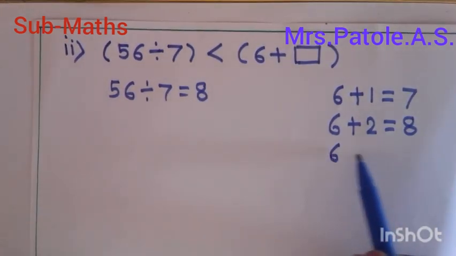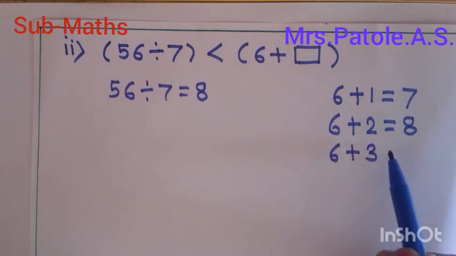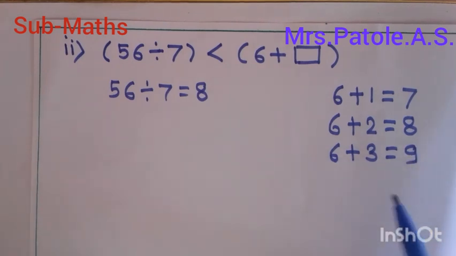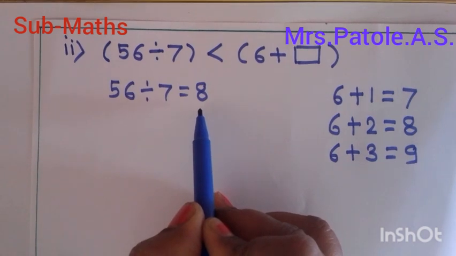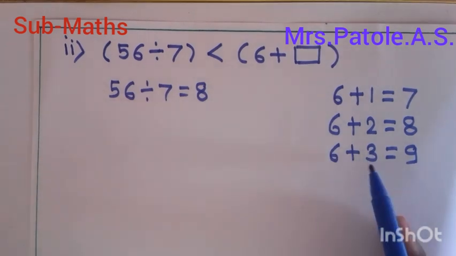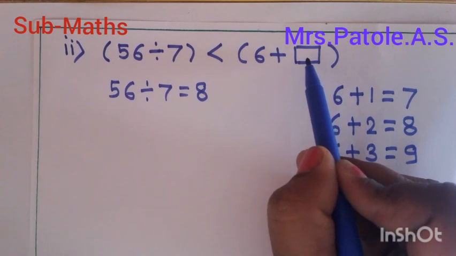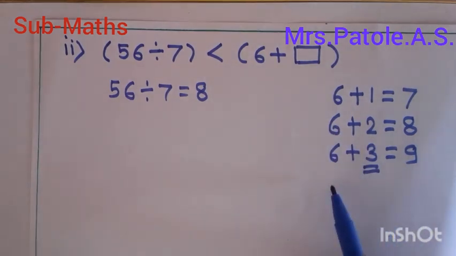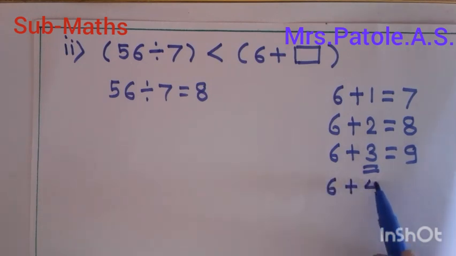So, we have to put the next number, that is 3. We get the answer 6 plus 3, 9. Here we see that the value 9 is greater than 8. So, we can put the number 3 in this empty box. But here also, if we put the value 4, that is greater than 3, we get the answer 10.